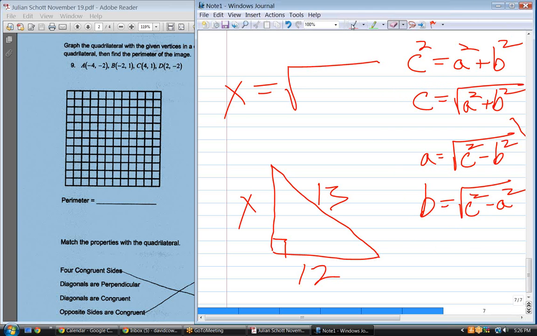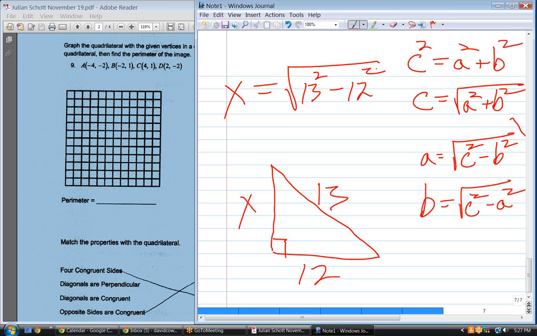So x is the square root of 13 squared, starting with the hypotenuse. It always has to be the hypotenuse in front, because the hypotenuse is the longest side of the triangle. If I put 12 squared minus 13 squared, I'm going to end up with the square root of a negative number. So it's got to be 13 squared minus 12 squared.